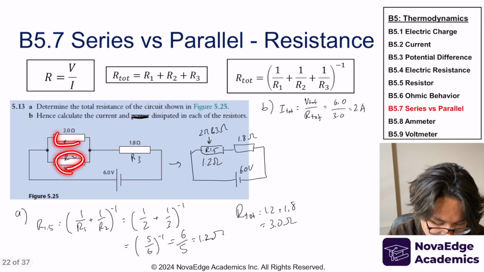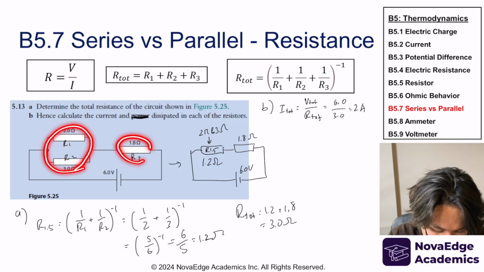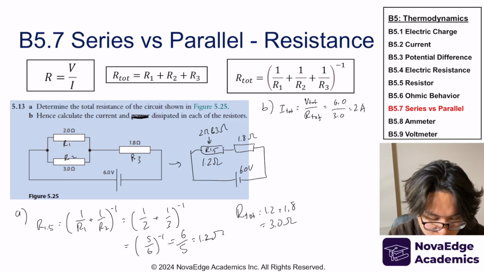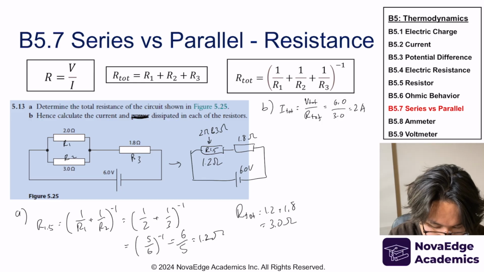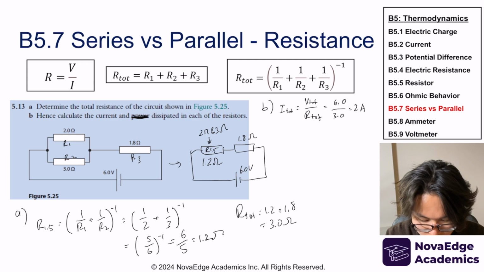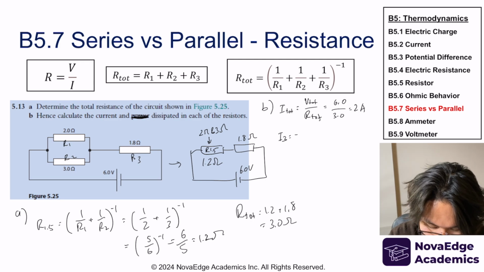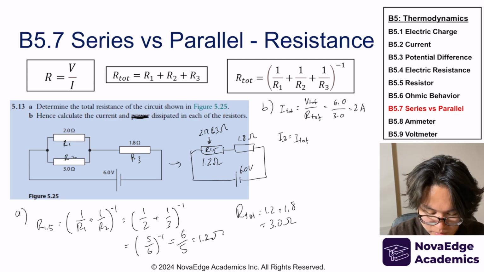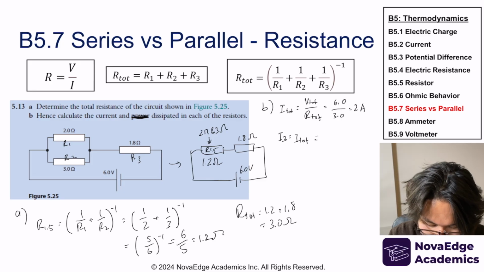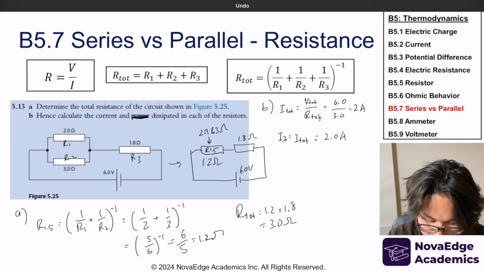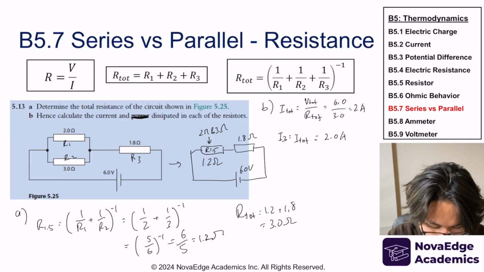I know these two are in parallel, but this and this are in series, right? Which means the current going through this is the same as the current total. So I3 is equal to I total, which is 2 amps.